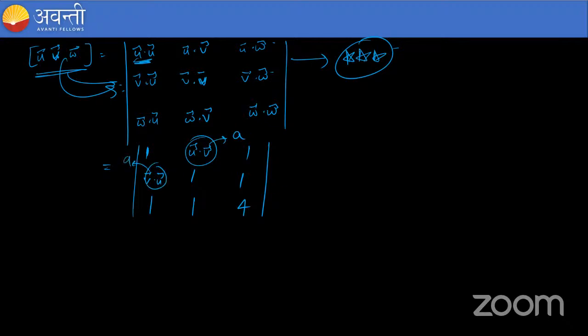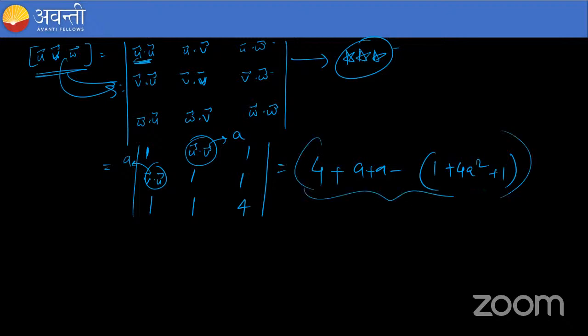So what we will get here is 4 plus A minus 1 minus 4 plus 4A square plus 1, right? So this is the determinant value.